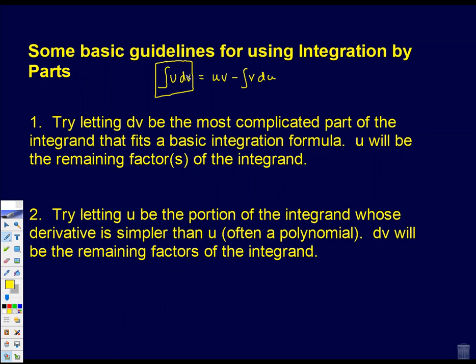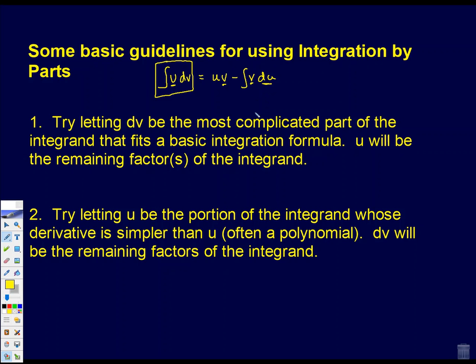Here's why: whatever I assign to be dv, I would have to know its antiderivative, because the antiderivative of dv is v, and it occurs here and here. So whatever I pick for dv, I'm going to have to know its antiderivative right off the top. Whatever I pick for u, its derivative has to go in the other integral.